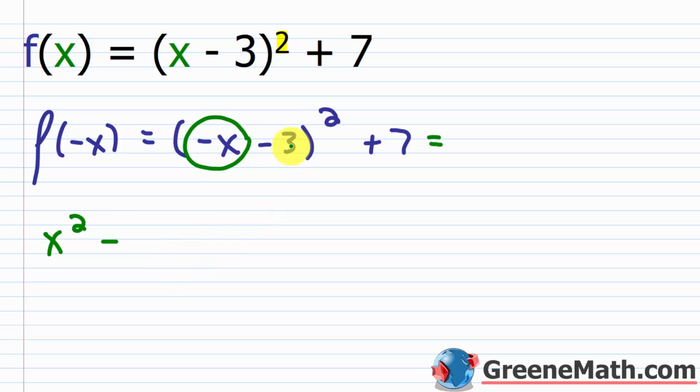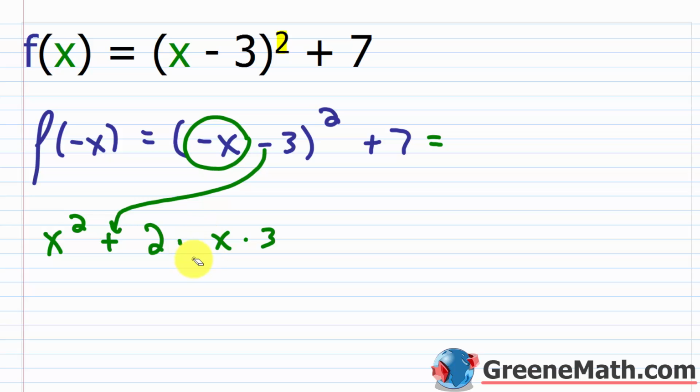Now when we use this formula, we usually don't have a minus out in front, so you've got to account for that, okay? Usually we just bank on this sign being whatever this is. But in this particular case, it's 2 times negative x times 3. Those negatives are going to become a positive. So 2 times 3 is 6, so you're going to have 6x there. Then you get 3 squared, and that's 9. Then plus 7. So 9 plus 7 is obviously 16. So with this guy, you get x squared plus 6x plus 16.